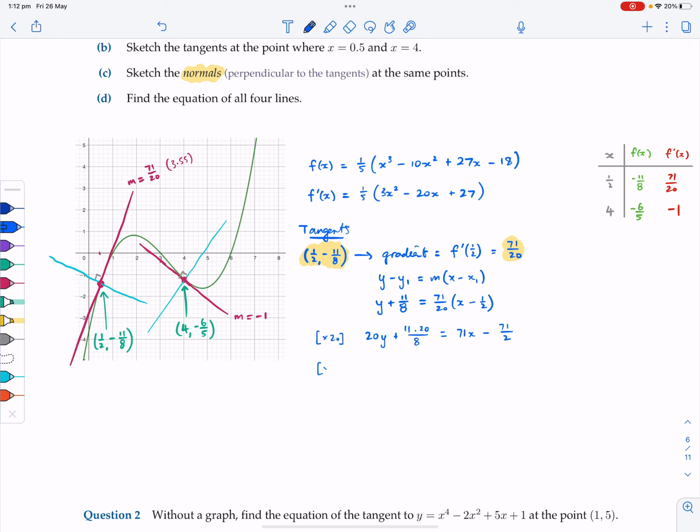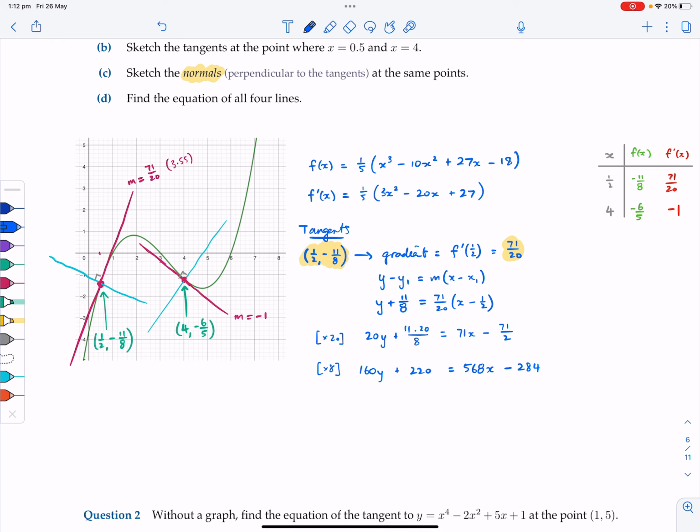And if I multiply by 8, then I'll get 160y plus 11 times 20, which is 220, equals 71 times 8. I'm not going to attempt mental arithmetic now. That's 568x minus, and then 71 over 2 times 8 is 71 times 4, so that's 284.